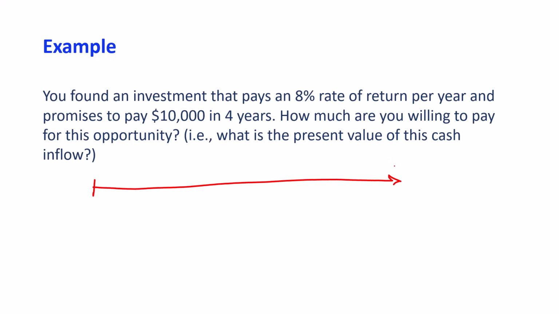So in this case, your N or your T would be 4 years, and your future value would be $10,000, and your interest rate, or your rate of return, or your discount rate, is going to be 8%. In your financial calculator, this is IY. In Excel, this is your rate.